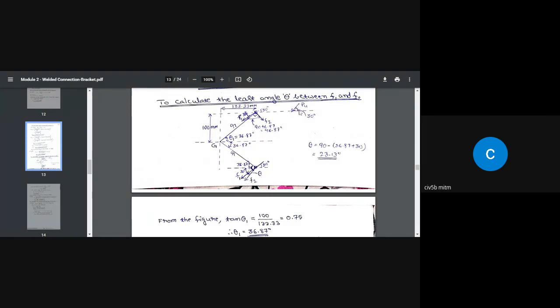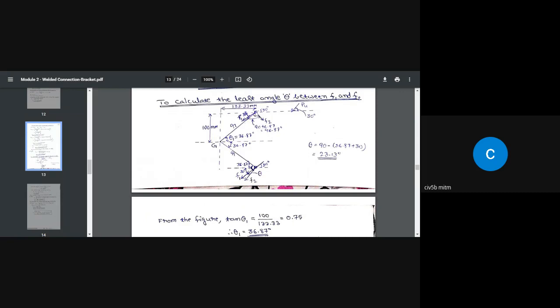So if this is P, the F1 value, that is the direct shear stress, is going to be parallel to this P value. Always remember, direct shear stress F1 will be parallel to the P value. That means if I extend this, this is 30 degrees.